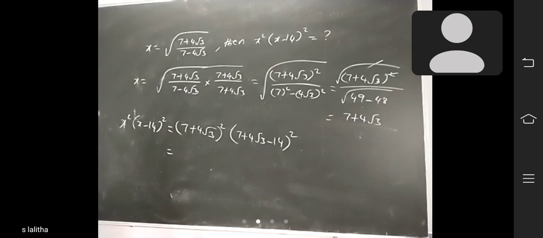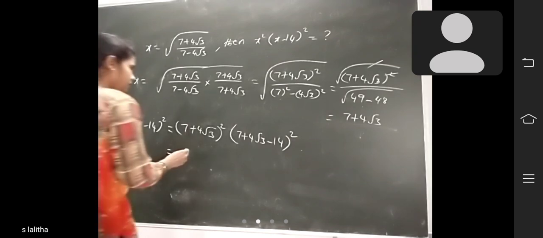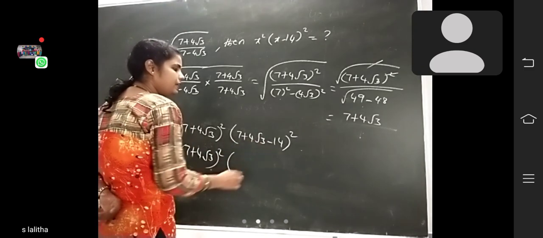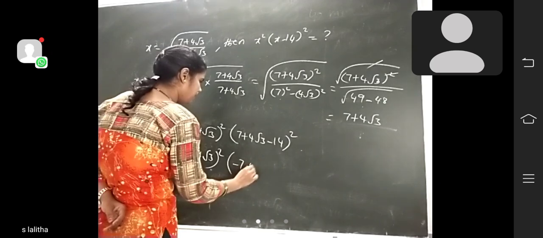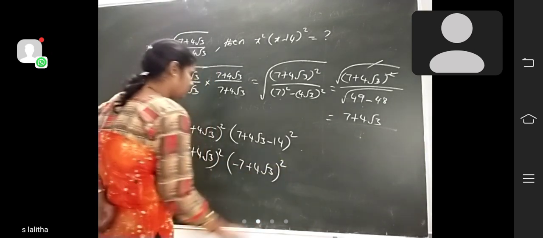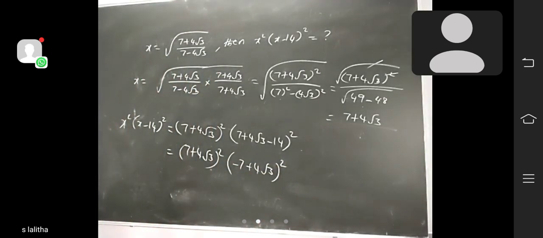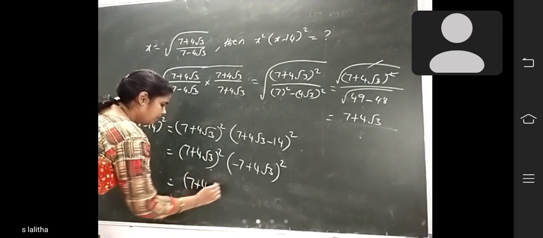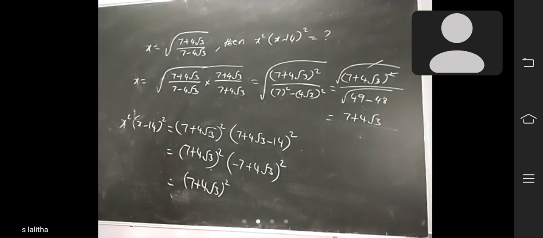What is the (a plus b) whole square formula? a square plus b square plus 2ab. 7 plus 4 root 3 whole square. 7 minus 14, how much? Minus 7 plus 4 root 3 whole square. Now you can equalize this one.